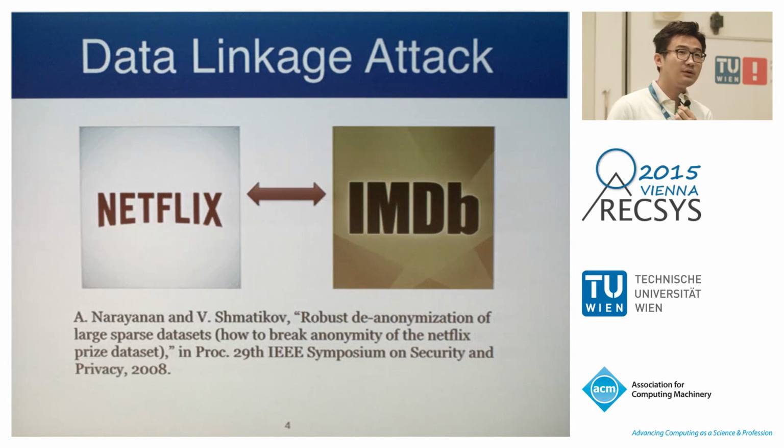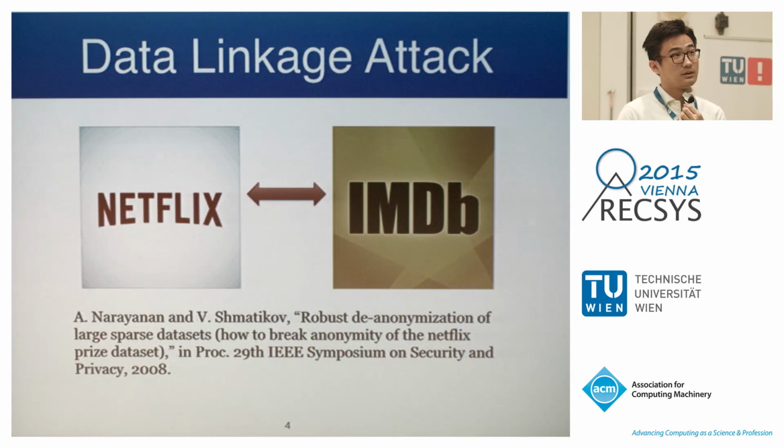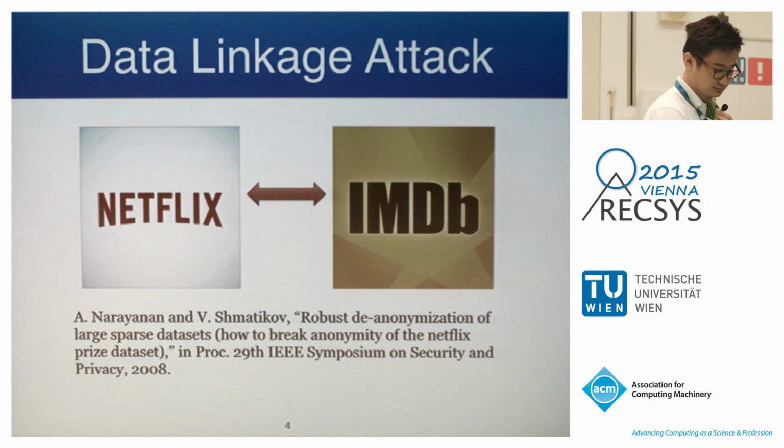A famous example is the linkage attack. In 2008, Narayanan and Shmatikov exploited IMDb data to de-anonymize users from the Netflix data. It tells us that even if we anonymize our users in the data set, we can't guarantee privacy.